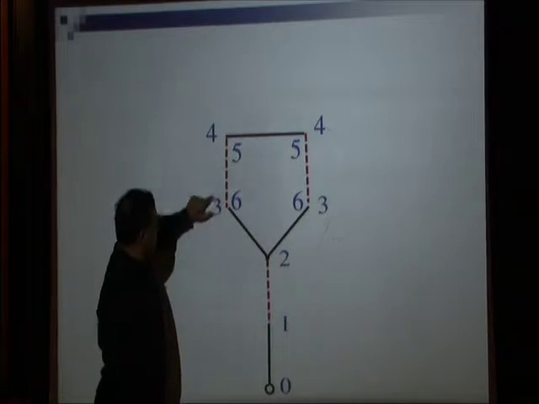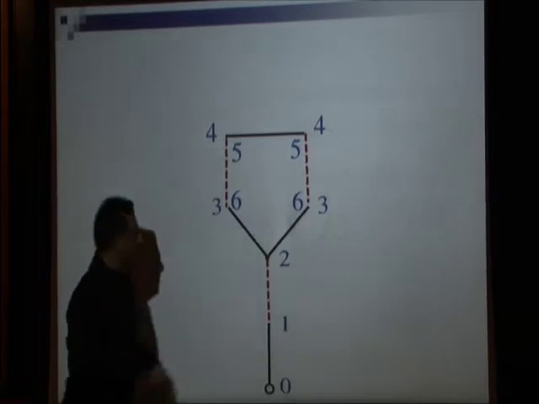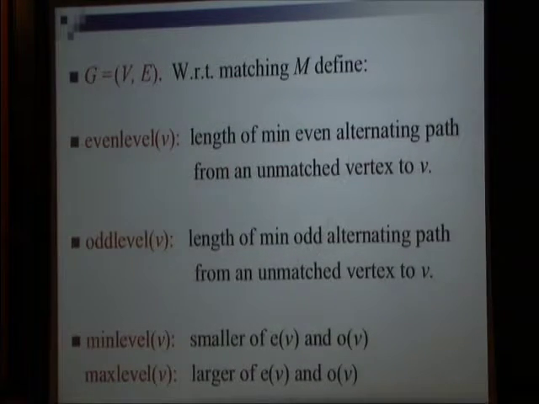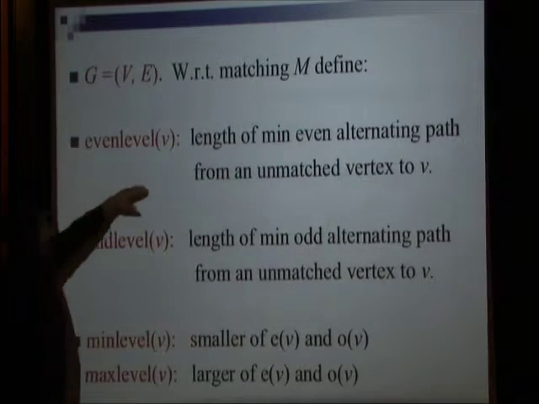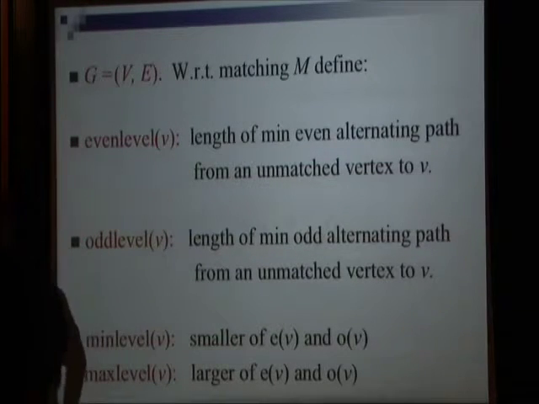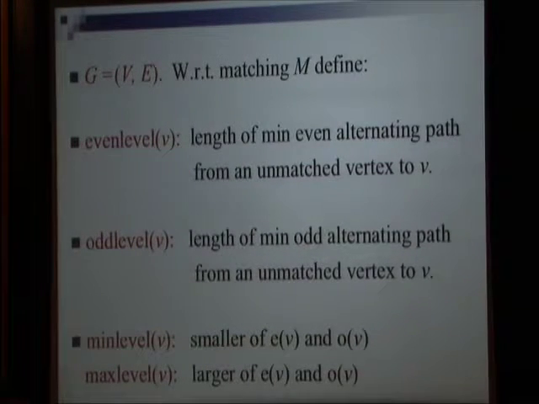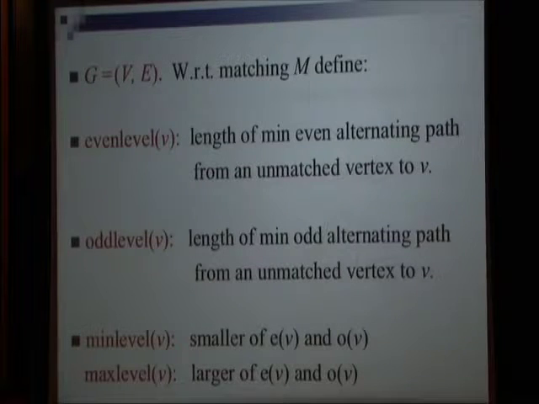So we're going to define even level as the length of the minimum even length alternating path from an unmatched vertex to V, odd level as the length of the minimum odd length alternating path from an unmatched vertex to V, min level to be the smaller of the two, max level to be the bigger of the two. Is that okay? And why all this will become clear in a moment.